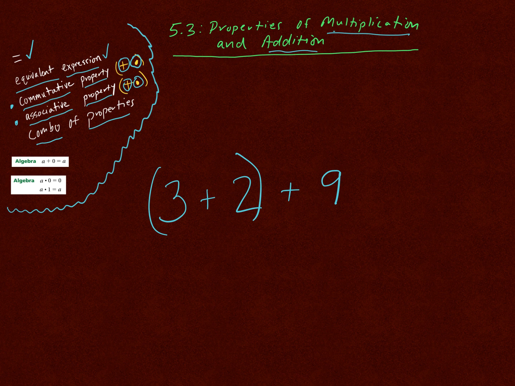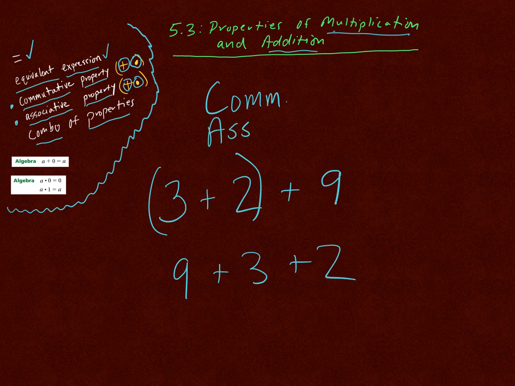If I want to use commutative property first and move the numbers around, let's say I mix them up however I want, I commute the numbers, I move them. And then let's say I also want to use associative property and change the location of the parentheses. Both of these will be the same answer. 3 plus 2 plus 9, 14. 3 plus 2 plus 9, 14.